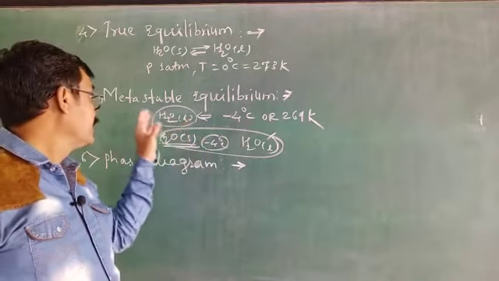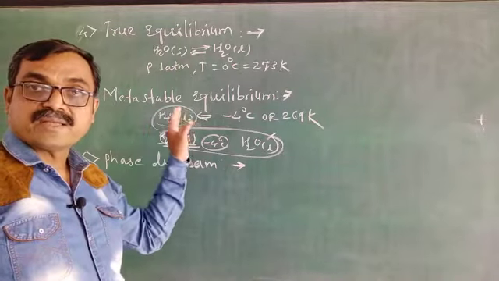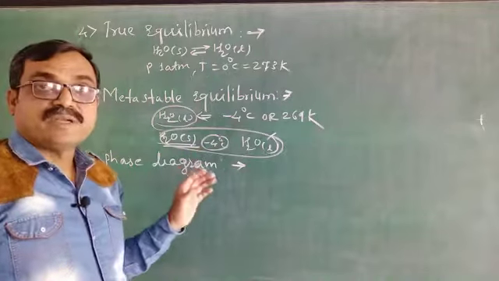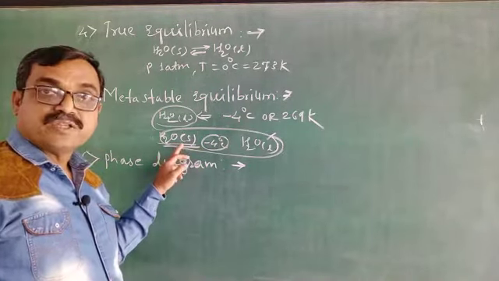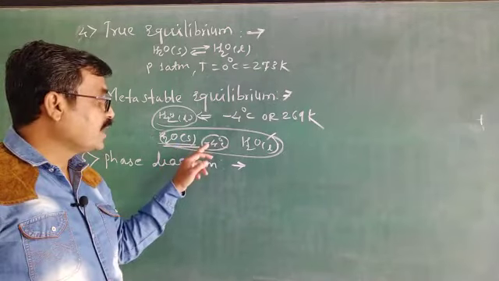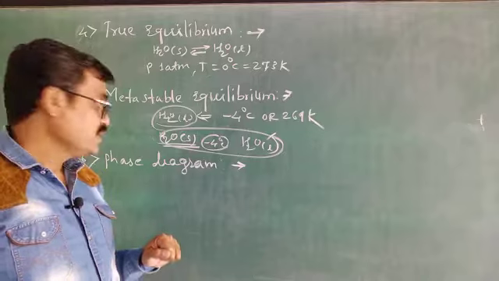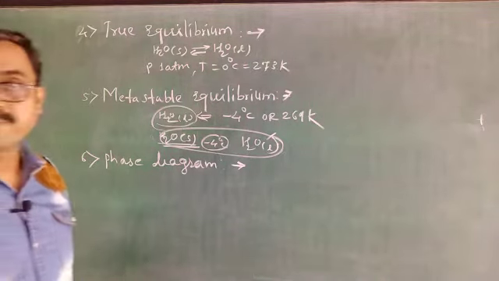Such a one-directional state is called metastable equilibrium. It is not possible to have liquid water if solid H2O is allowed to melt at a temperature of -4 degrees Celsius.